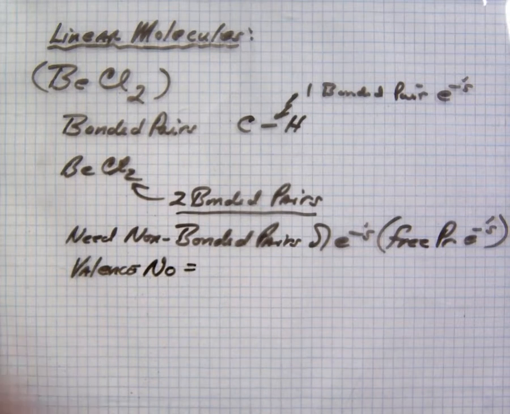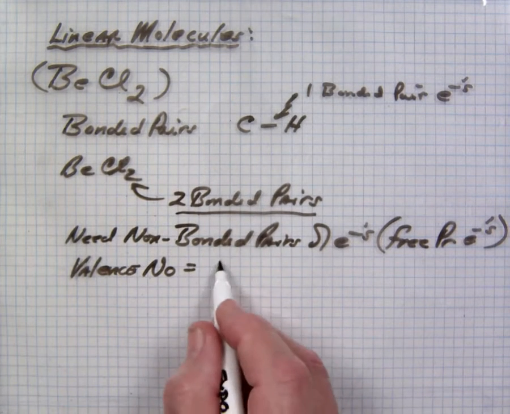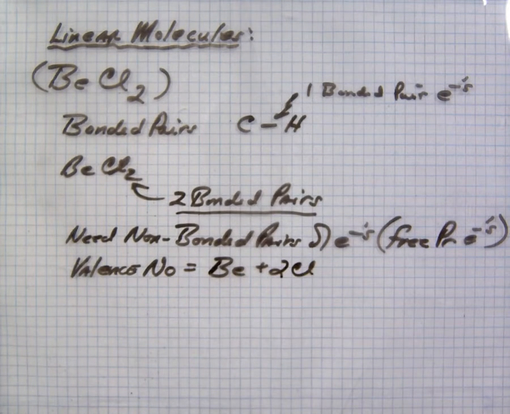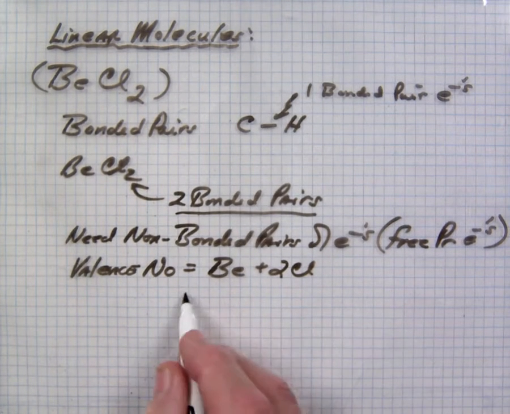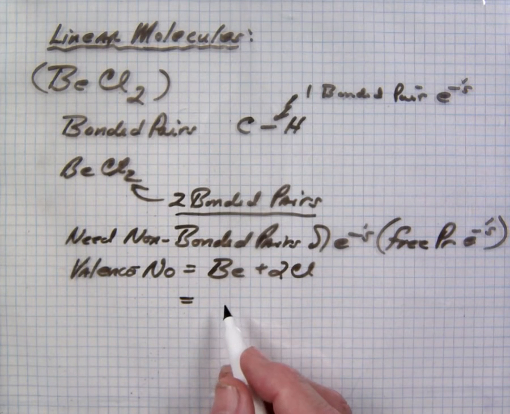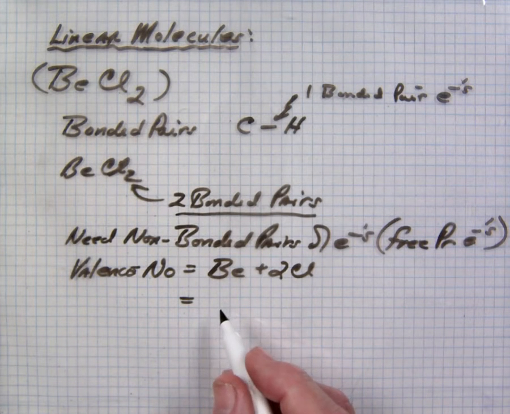So for this molecule, the valence number is calculated in the same way we calculated it in the AVO-PEC. You have a beryllium and 2 chlorides, okay? And so beryllium, if you look at its position, this is one of the few that is really kind of outside the edge of the non-metals, and the rest of them will be inside non-metals.